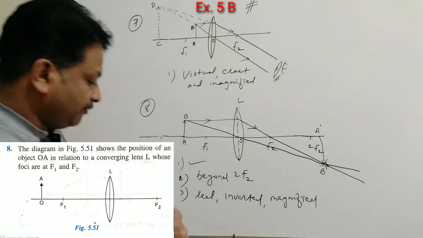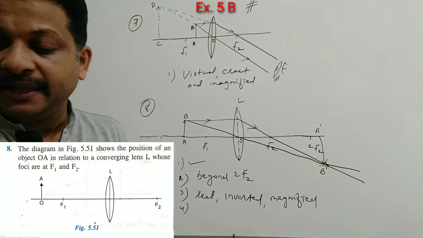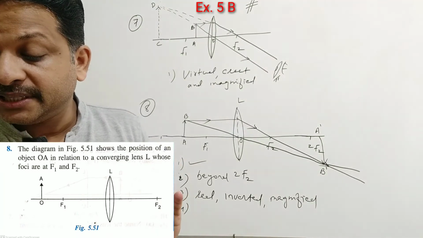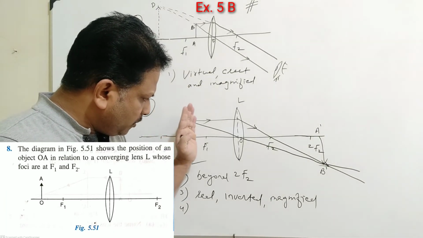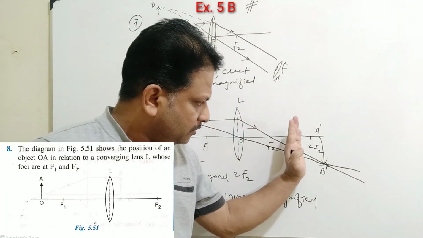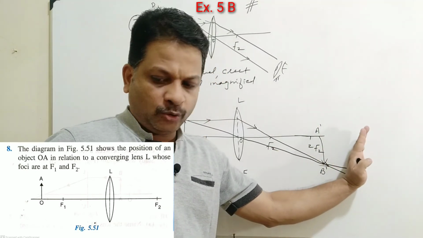Okay. Now the fourth part of the question, describe how the distance of image from the lens and the size of the image change as the object is moved towards f1. Suppose you are bringing the object, moving towards f1, what will happen? So the image will move away from the optical center, move away from 2f2.